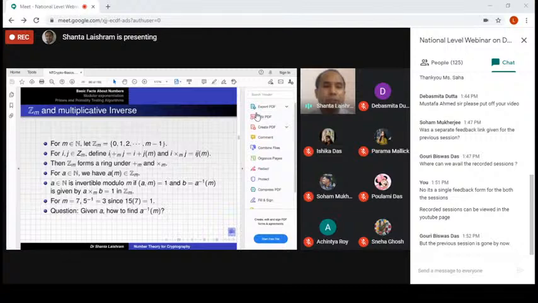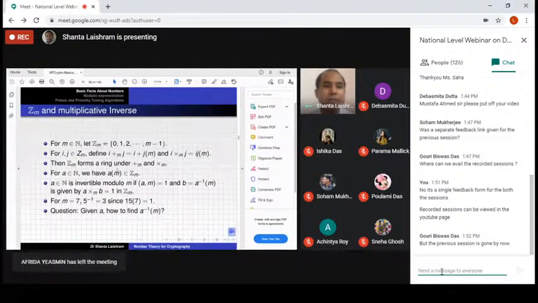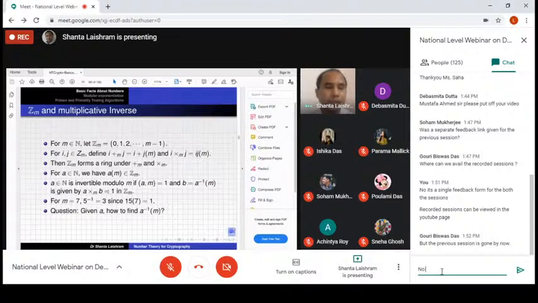And you can define an operation, addition modulo M, as I plus J modulo M, and multiplication as I into J modulo M. Then under this operation, GM forms a ring, and one can see that every positive integer, if you take the remainder when A is divided by M, belongs to GM.